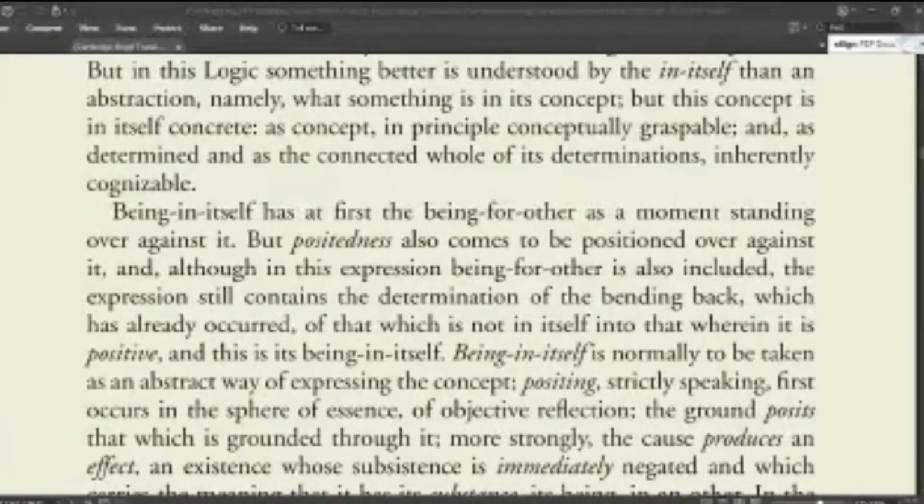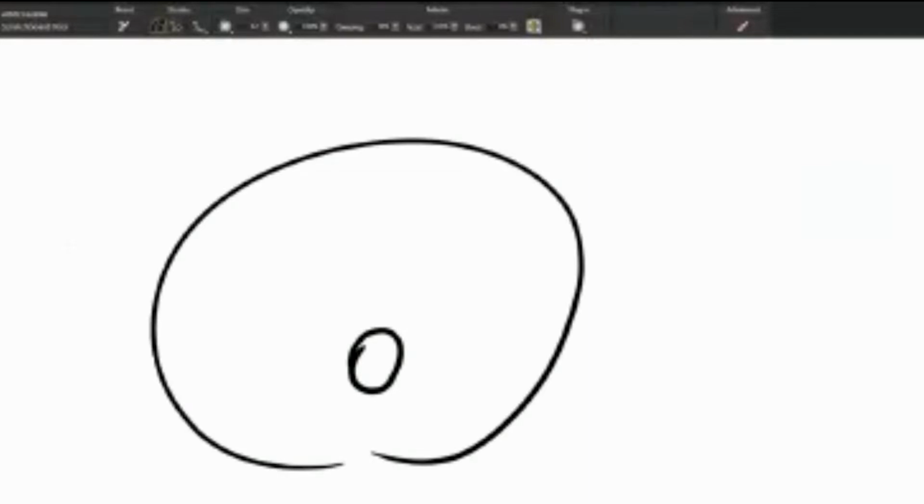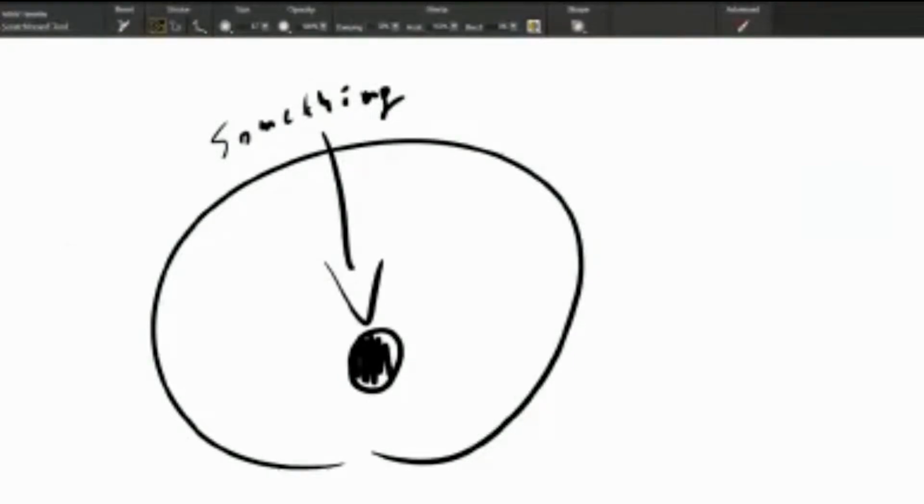Oh, before moving on, going back to otherness and something, Hegel says, what is in itself is what is in a thing. What is in something, otherness. So what is the in itself, the mysterious in itself? It is the otherness.